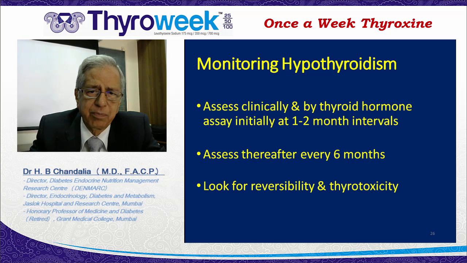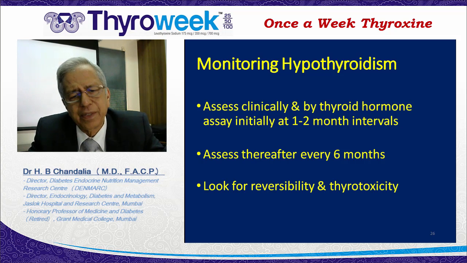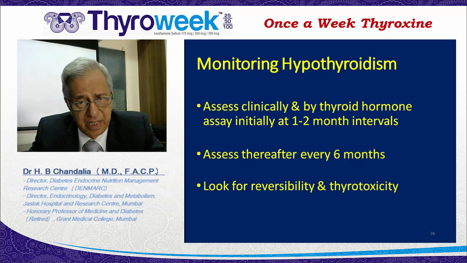Always look for reversibility of the disease. Again, we'll see what types of hypothyroidism may be reversible. And you must also know that hypothyroidism is a type of immune thyroid disorder, and so is hyperthyroidism or Graves' disease. Do not be surprised if occasionally your hypothyroid patient suddenly goes into hyperthyroidism, and you have to be on the lookout for thyrotoxicity and of course omit the replacement therapy.